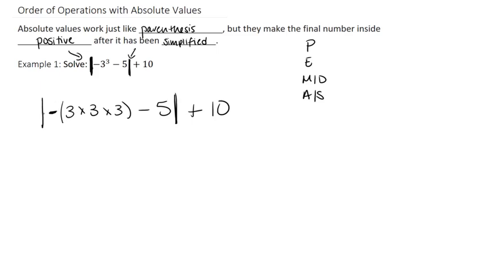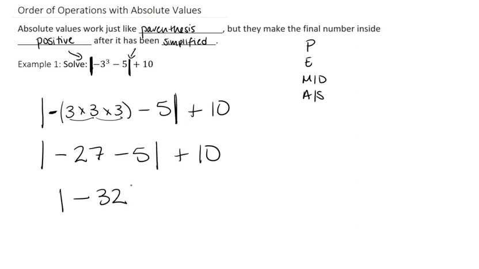So now we can go 3 times 3, which is 9, times 3 is 27. When we rewrite this, it's -27 minus 5, absolute value sign, plus 10. So -27 minus 5 is -32, because we can think of it as just going 27 plus 5, keeping the negative sign.